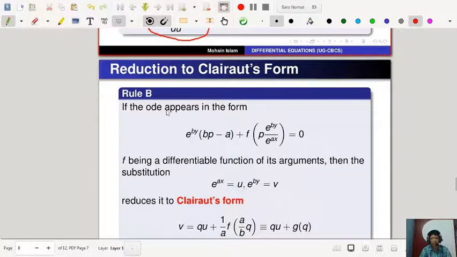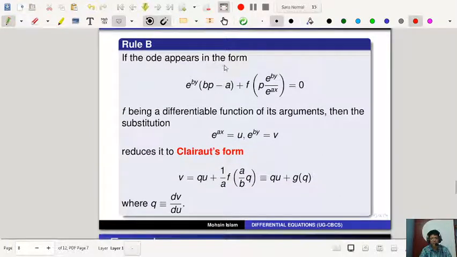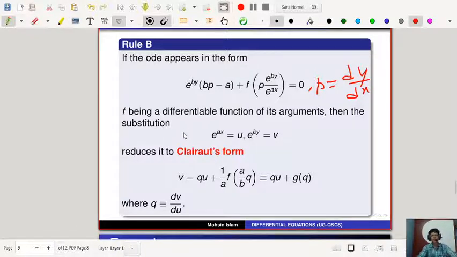Now there is another rule, rule B. If the ODE appears in the form e to the power by into bp minus a, where p is again your dy dx, and function of e to the power by into p into e to the power ax equal to 0, a being a differentiable function of its argument, then the substitution e to the power ax equal to u and e to the power by equal to v reduces to the Clairaut's form.